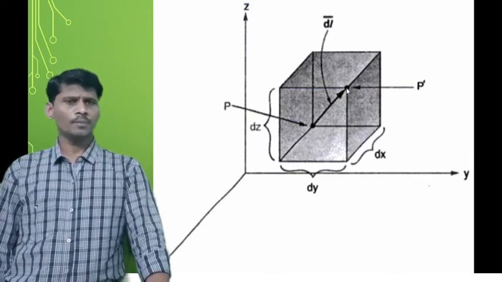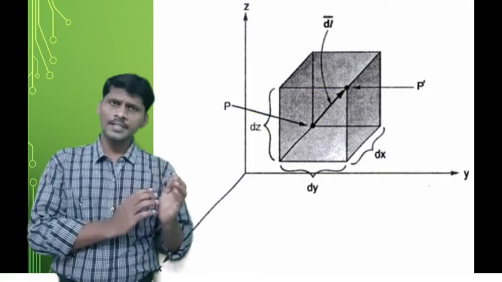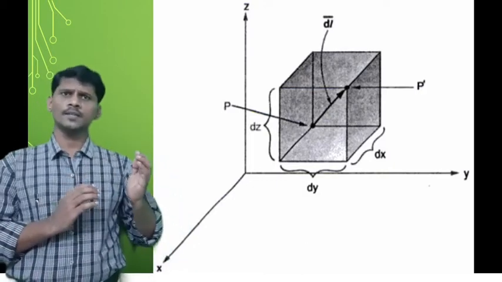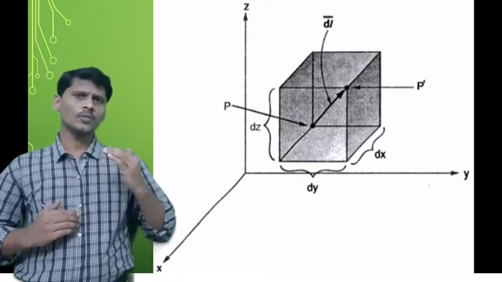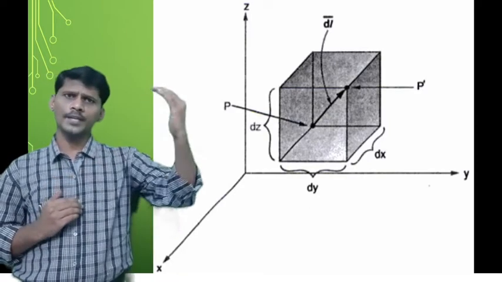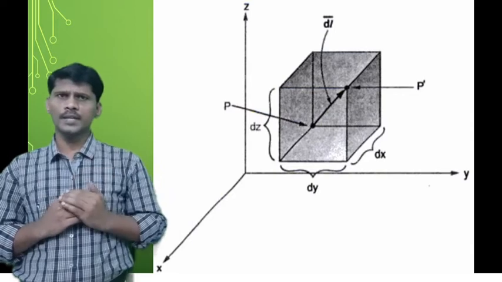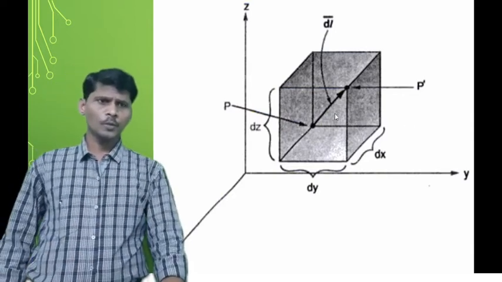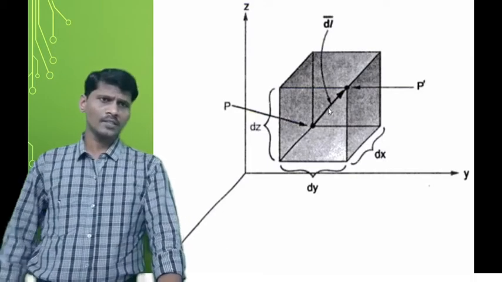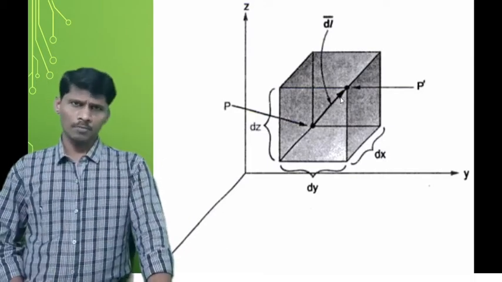At point P dash, it is x plus dx, y plus dy, z plus dz. So find out the position vector from point P to P dash. From point P to P dash, we get the differential length dl bar.